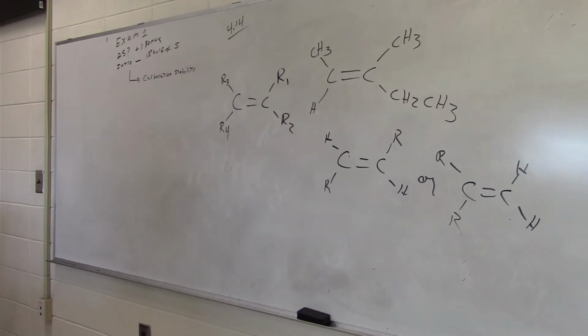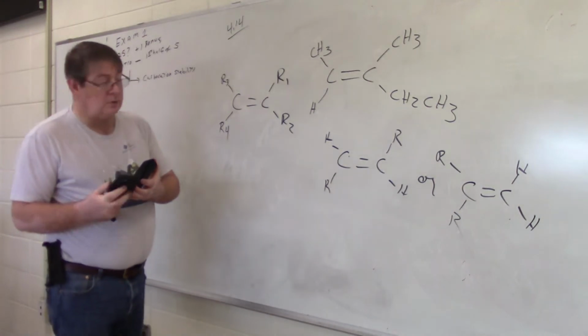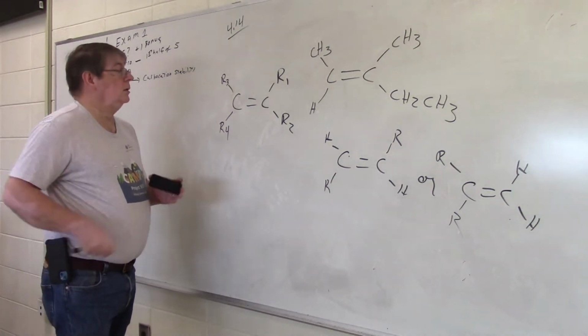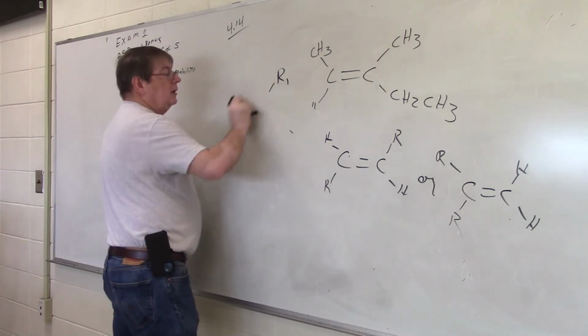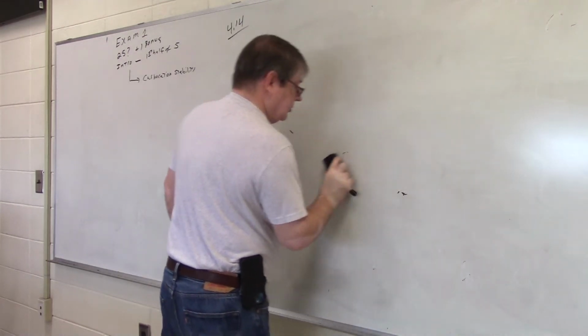Don't forget, we also started talking about some reactions. So addition reactions are also going to be fair game for alkenes. So what kind of reactions do alkenes like to do? Addition reactions, right?